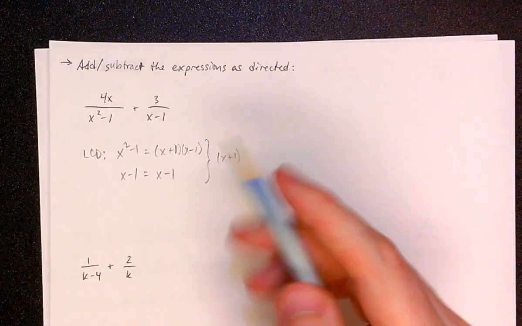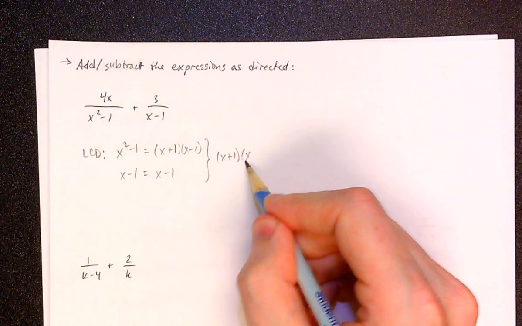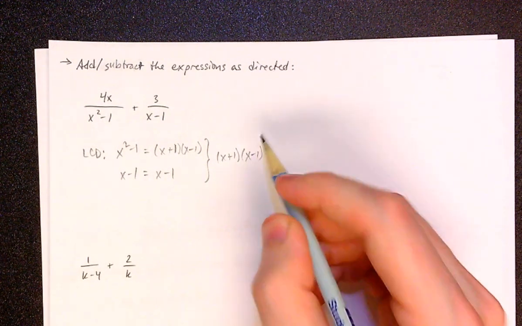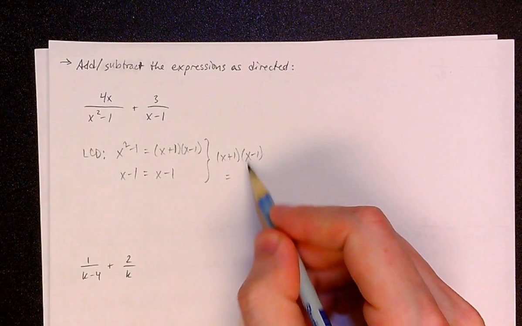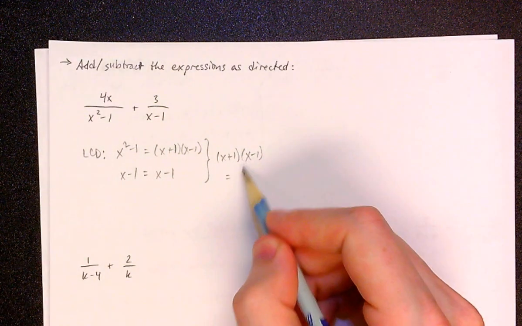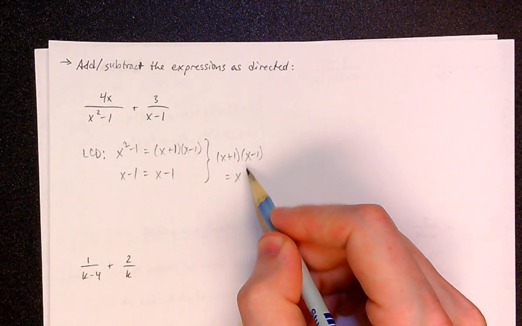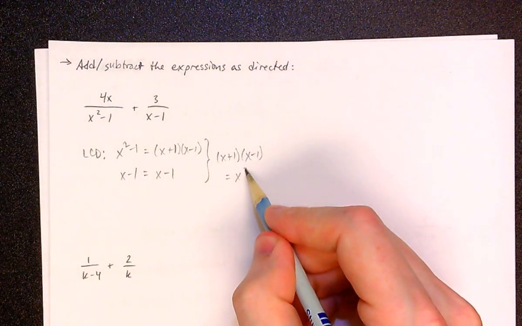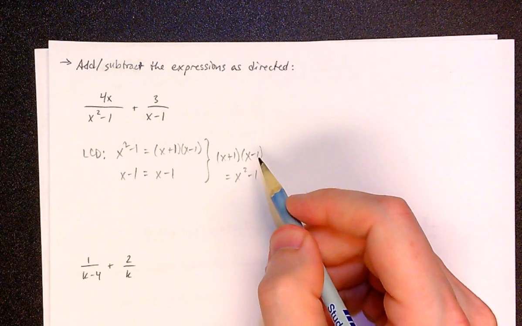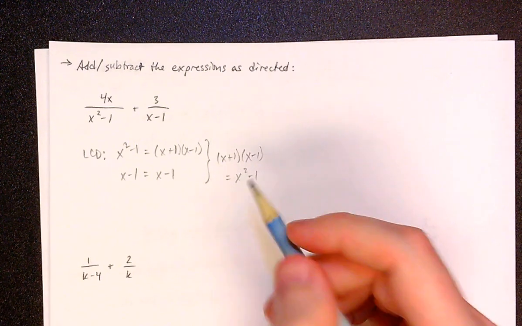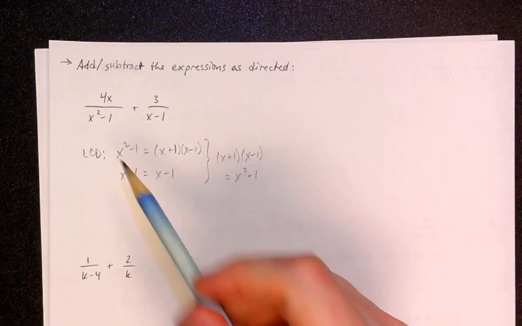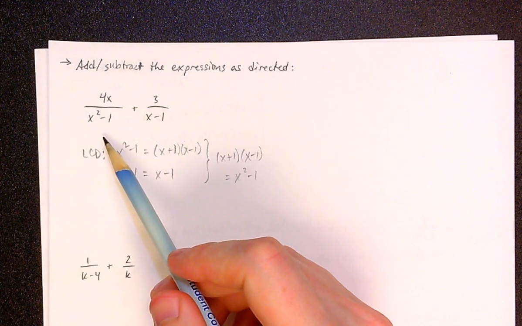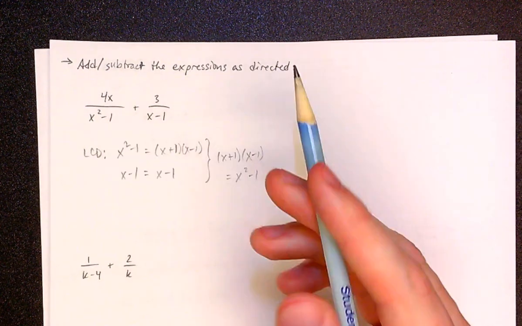Here I have one factor of x minus 1. So my LCD will contain one factor of x minus 1. So this is your LCD. And if you were to multiply it out, you would get just x squared minus 1, which is already what one of our denominators is.